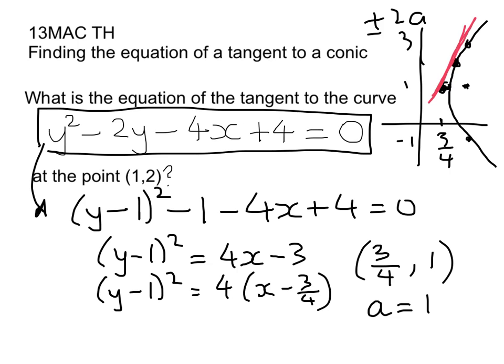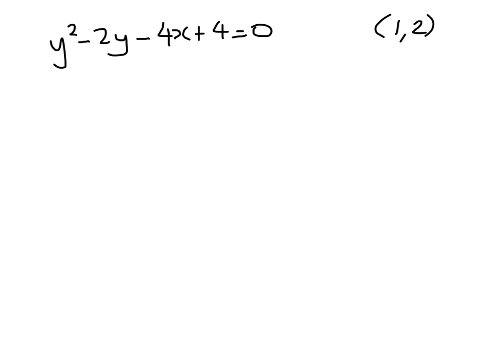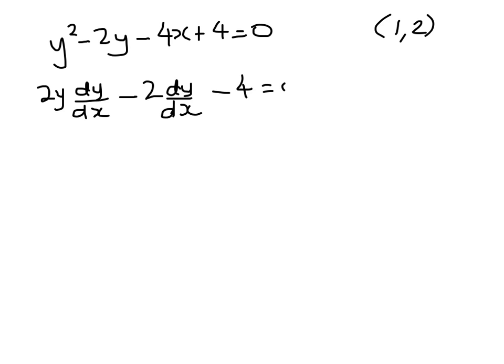So we're going to work with this version of the curve in expanded form. Okay, so it's y squared minus 2y minus 4x plus 4 equals 0, and that's at (1, 2). So 2y dy by dx minus 2 dy by dx minus 4 equals 0.